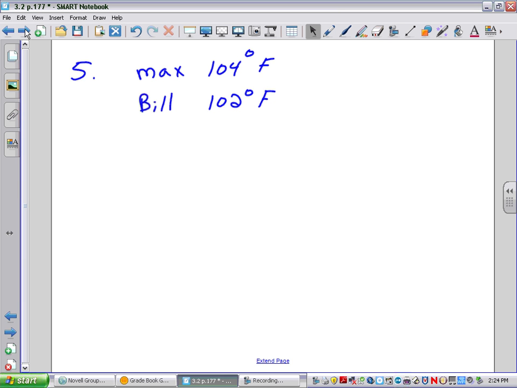Well, we need to do three things. We need to write an inequality, we need to solve that inequality, and we need to graph the inequality. Well, here's what you would do. Bill's temperature is 102.